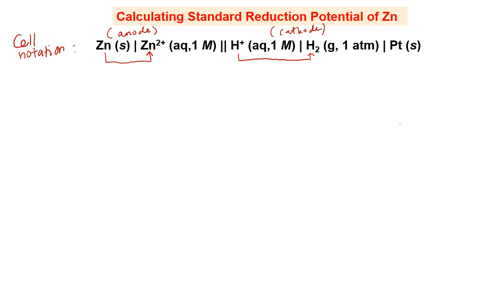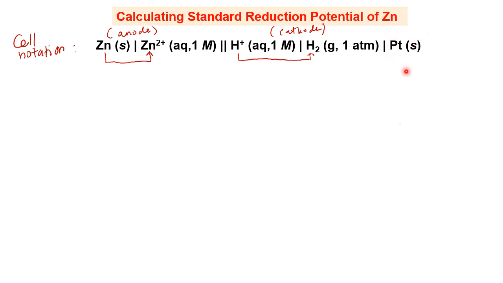As you can see, H plus aqueous 1 molar, and we have a phase barrier over here, H2 gas 1 atm. You must write down the pressure, compulsory. And then we must complete our cell notation with platinum solid over here.